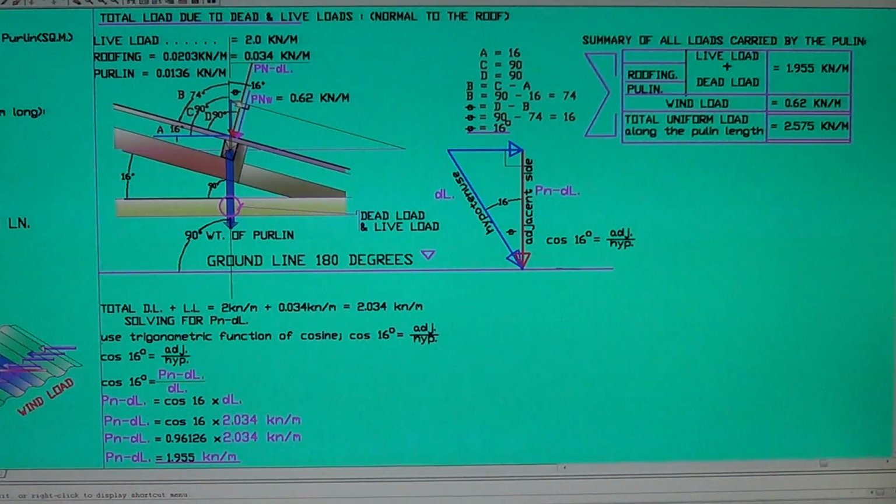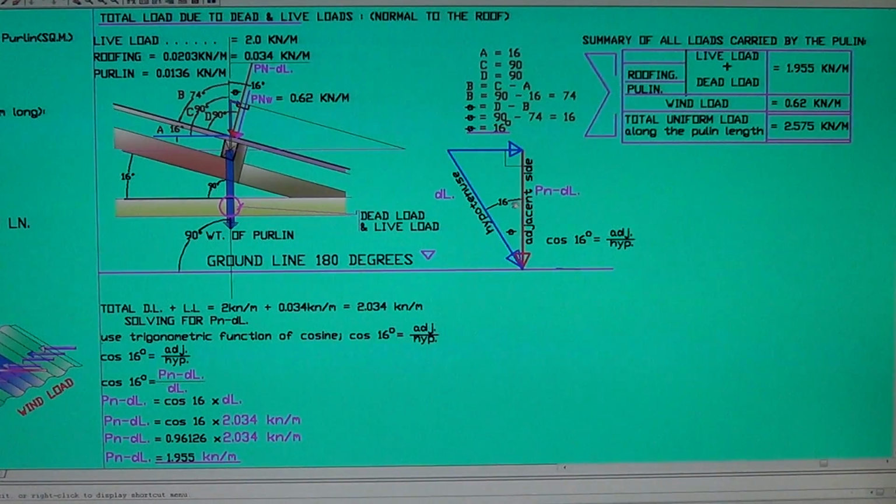The horizontal right here is parallel to the roof, and this is the vertical component of the dead load and the live load. Okay, this is different than the wind load. The angle theta there is 16 degrees according to our solution right here, and it's resolved right here.